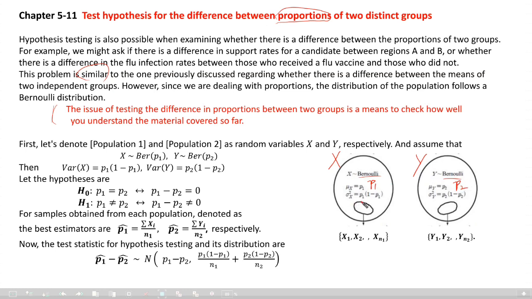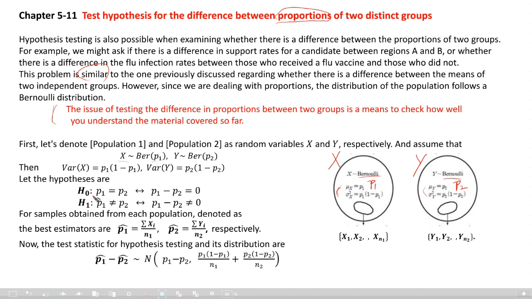The variance is P1 times 1 minus P1 for population 1, and P2 times 1 minus P2 for population 2, right? We previously studied this kind of thing. X follows Bernoulli with parameter P1, Y follows Bernoulli with parameter P2. Variance of X is P1 times 1 minus P1. Variance of Y is P2 times 1 minus P2.